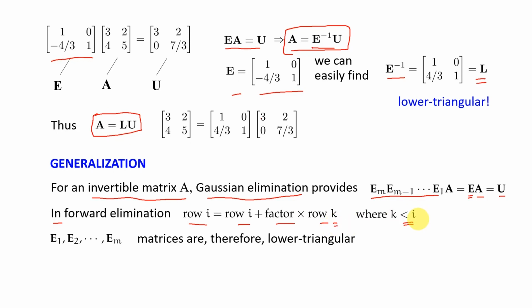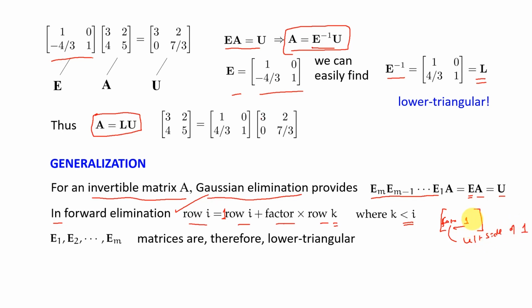Because this k is always less than i, when we write this particular operation in terms of pre-multiplication with an elementary matrix, this factor will always come here, and then I will have 1 for this row i. So I have 1 here and I have the factor here. The factor will always come on the left side of 1.